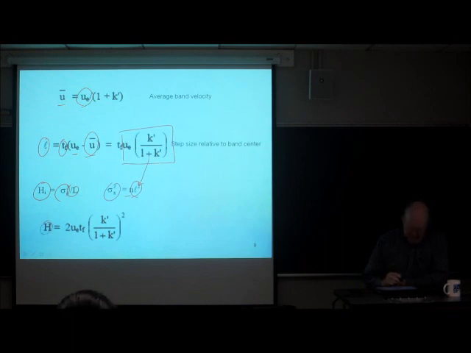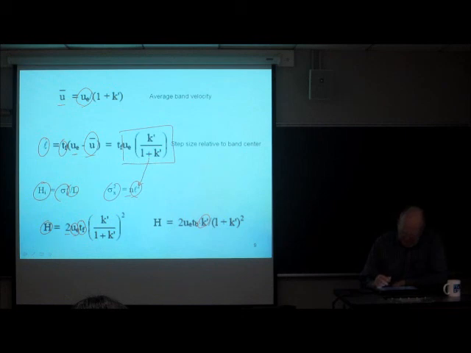So the HETP turns out to be 2 times the velocity in the interstitial space times the time per step forward, K prime plus 1 per K prime squared. But by algebra, that would also be equal to 2 UE TB K prime times 1 plus K prime squared. This K is not squared.